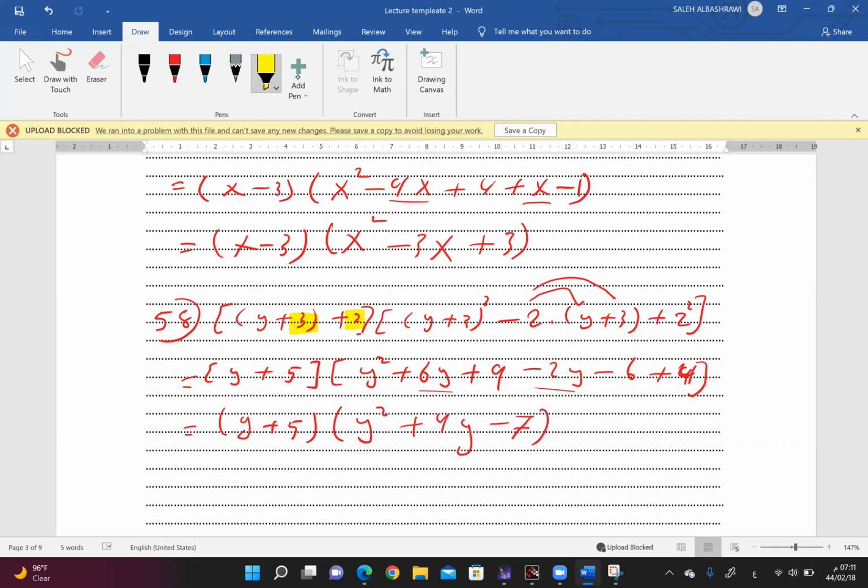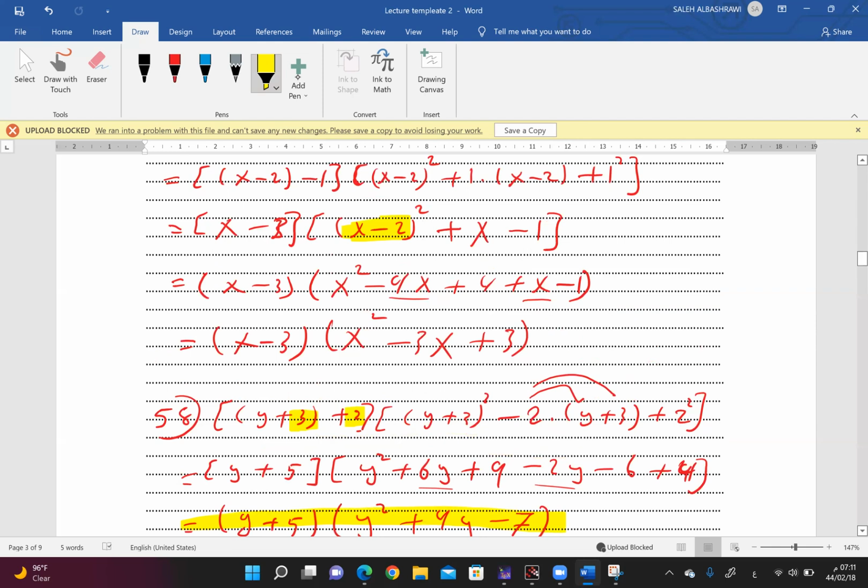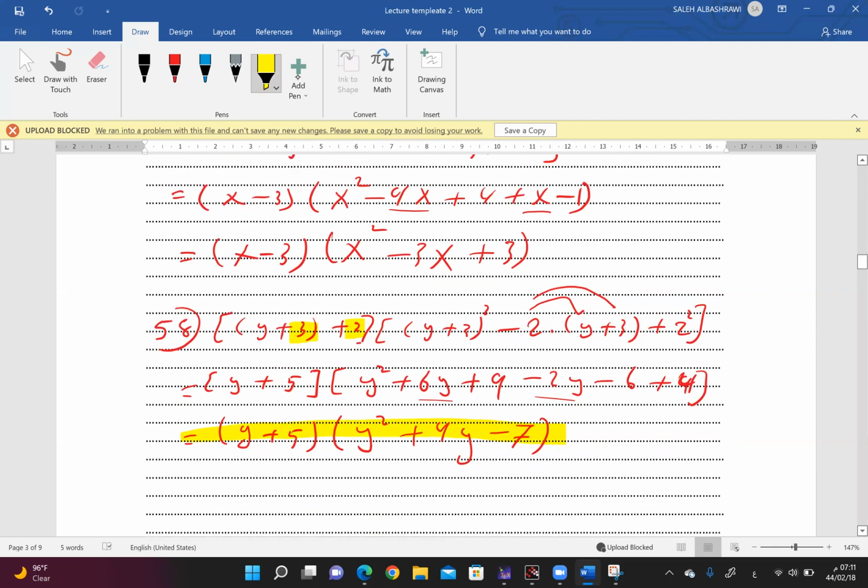So this is the factor of the sum of the two cubes in question number 58. So what we did was just apply special factoring to factor out these kinds of polynomials, binomials or trinomials.